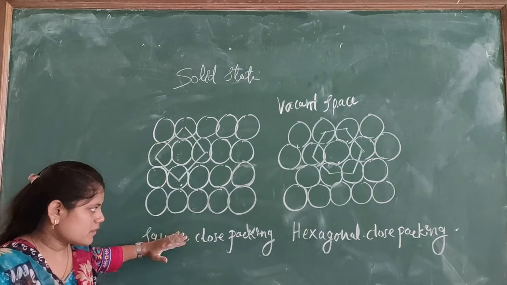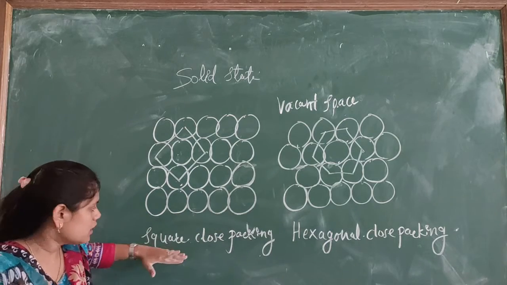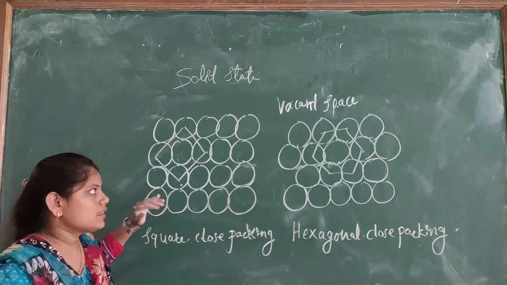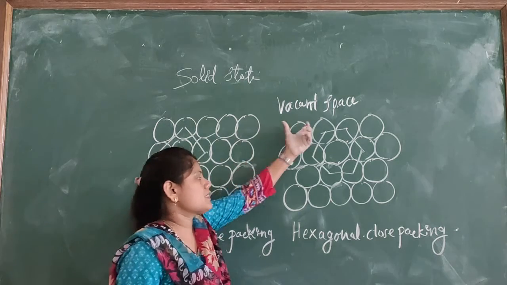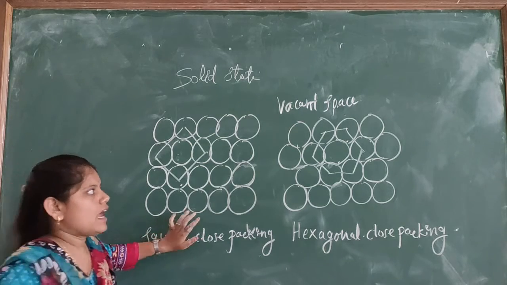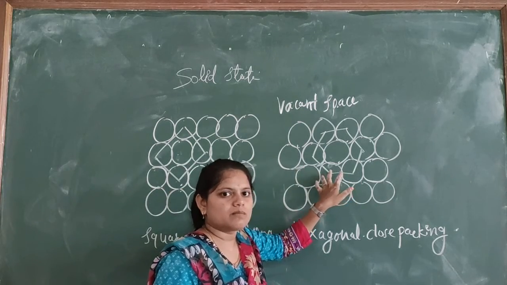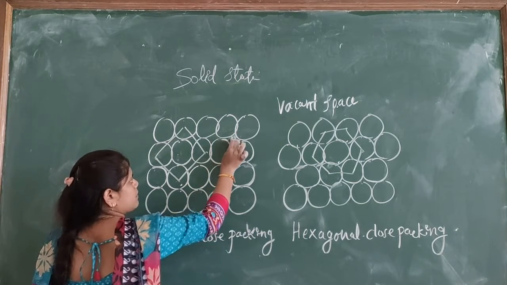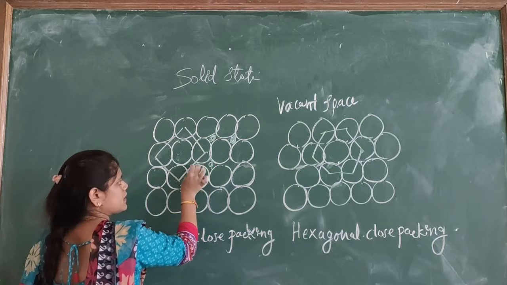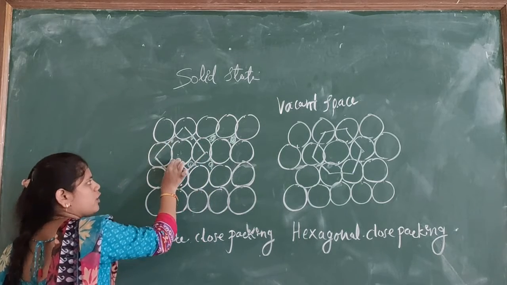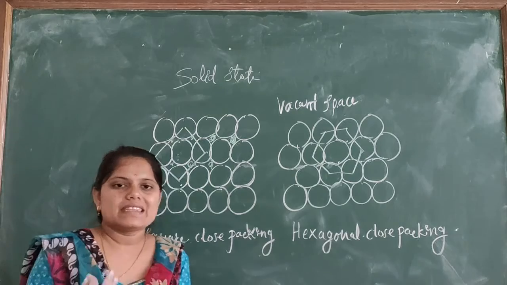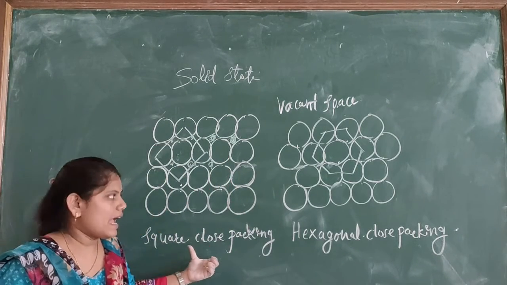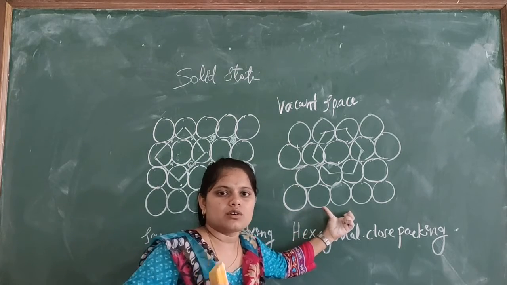If you compare both, you will understand that there is more vacant space in square close packing as compared to the hexagonal close packing. See, here also presence of empty space, here also presence of empty space. So the maximum empty space will be present in square close packing as compared to the hexagonal close packing.